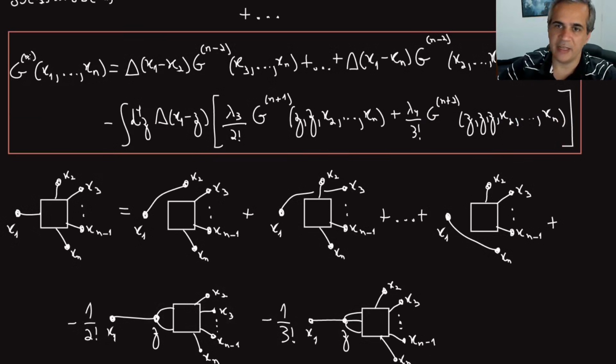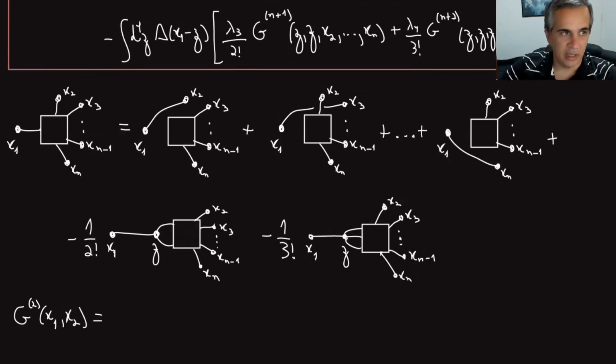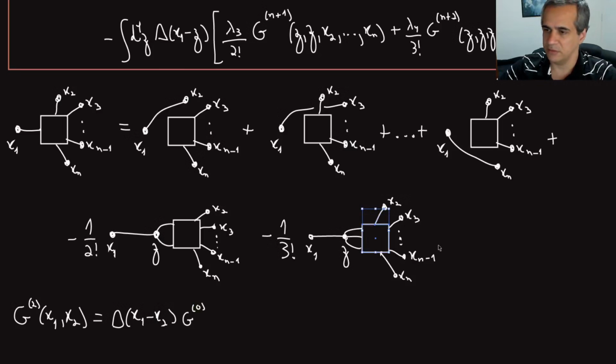If I take n equals 2, these terms, I'll have just propagators, and G0, the function of 0 external points. And there's only one term like that between x1 and x2. That's delta of x1 minus x2 times G0. Remember, G0 is just this box, right? It's the box without any external lines, the sum over all the vacuum bubbles, right?